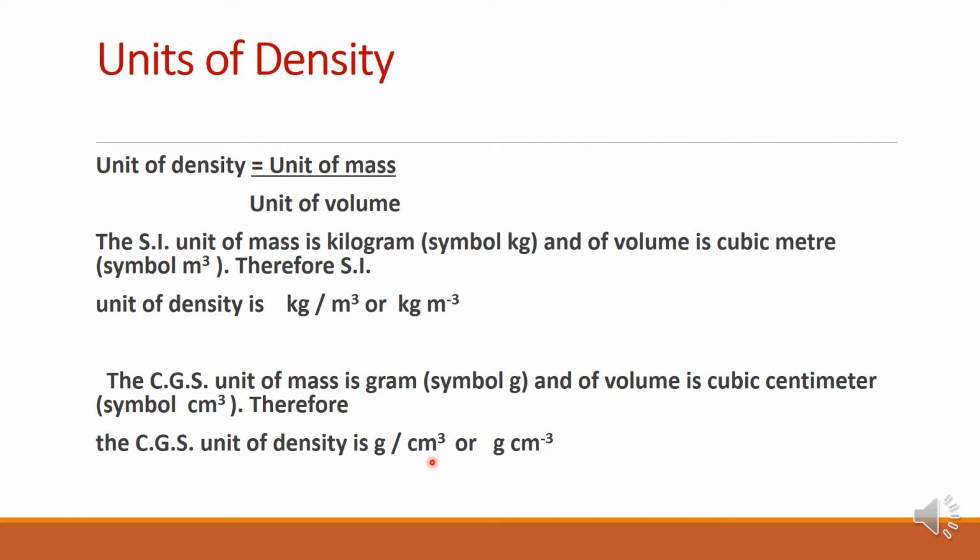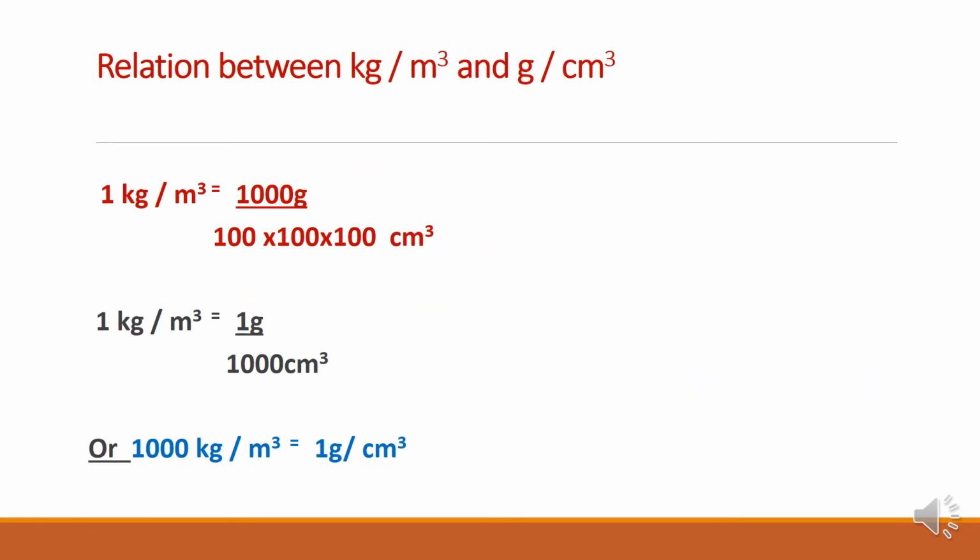So we will find out a relationship between gram per centimeter cube and kilogram per meter cube. You see here, 1 kilogram per meter cube. If I want to convert this 1 kilogram into grams, 1 kilogram is equal to 1000 grams.